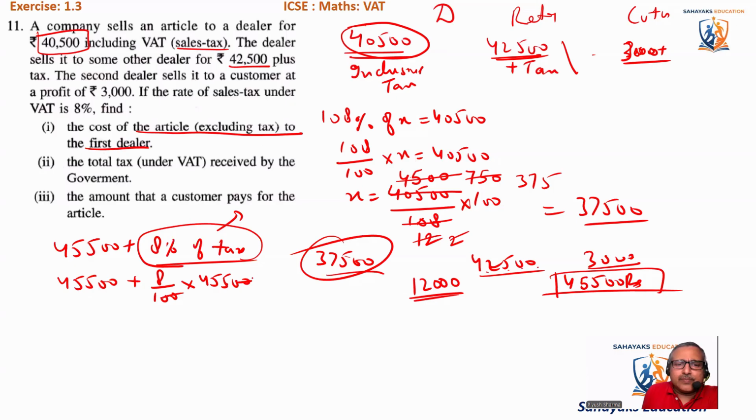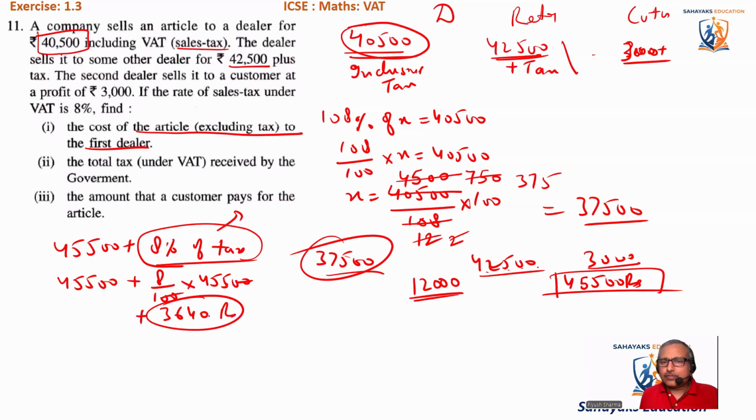So this got cancelled out. So when we say 455 into 8, this comes out to be 3640 rupees. So basically the government got a total tax of 3640 rupees.